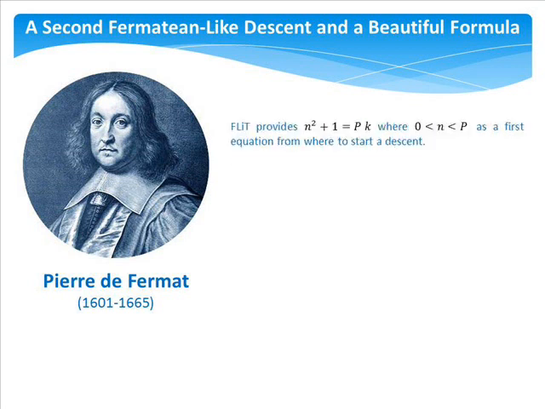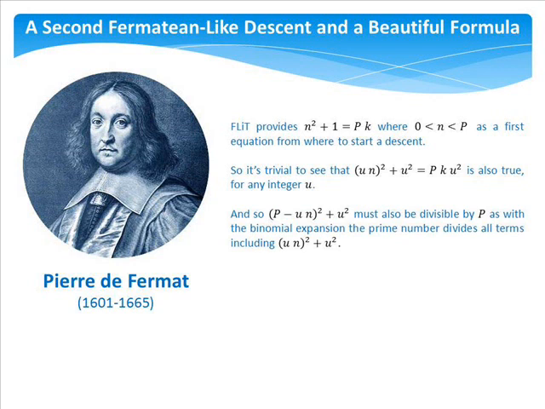Fermat's little theorem provides n squared plus 1 equals p times k as a first equation from where to start a descent. So it's trivial to see that the square of u times n plus u squared equals p times k times u squared is also true for any integer u. And so the square of p minus u times n plus u squared must also be divisible by p.